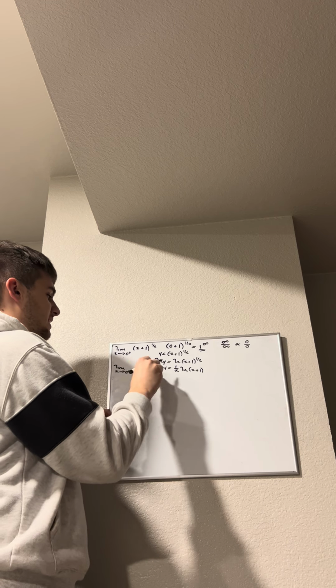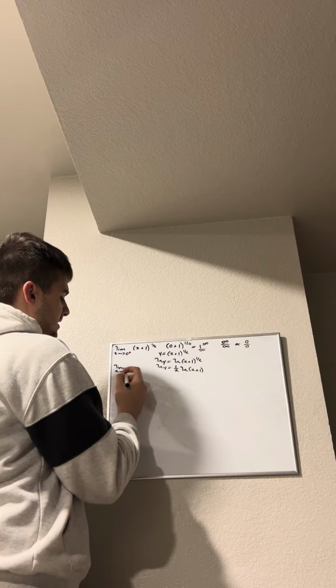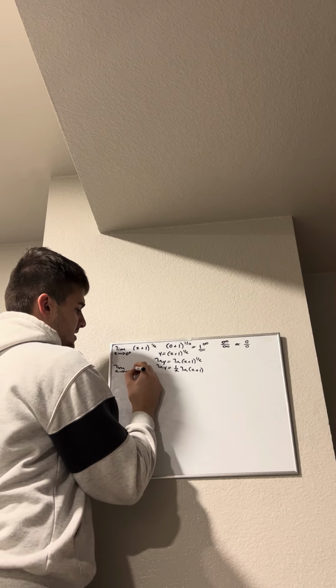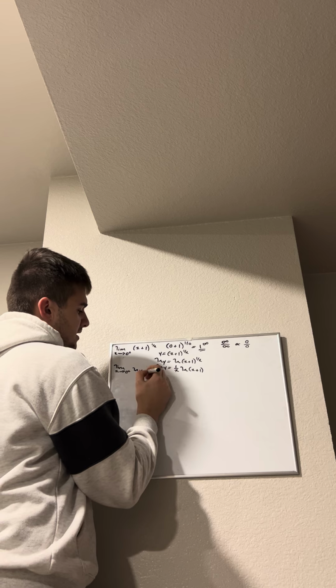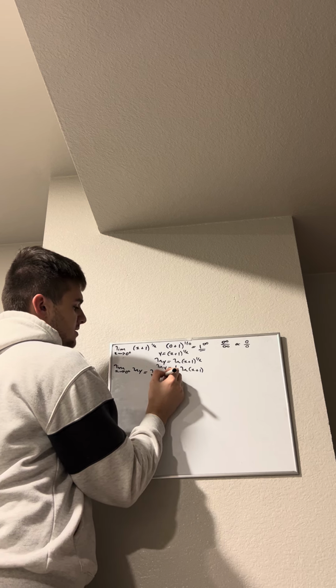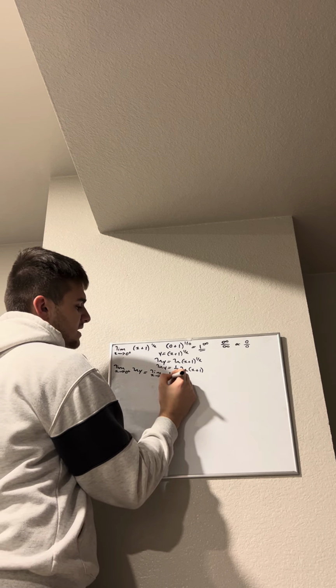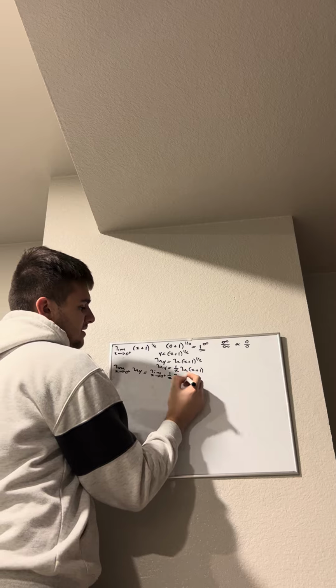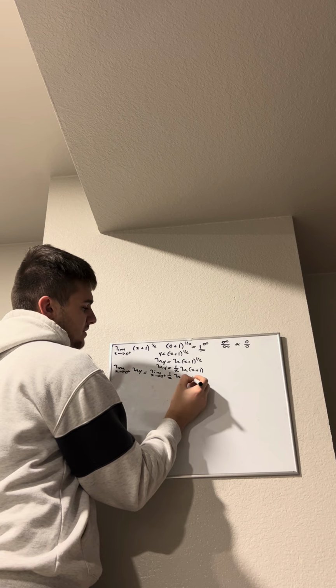Oops, sorry, I forgot to write the ln. So we have the limit as x approaches 0 positive of ln of y equals the limit as x approaches 0 positive of 1 over x times ln of (x + 1).